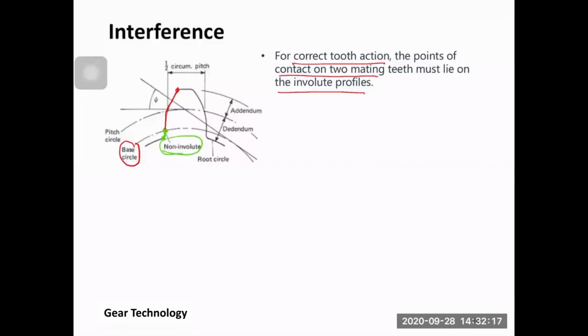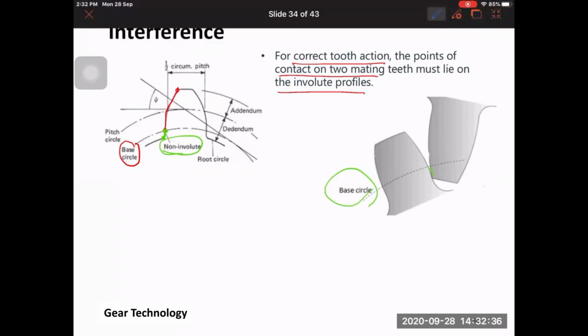So when the mating tooth touches the other tooth underneath this base circle, this part on the right hand side is involute, but the part here on the left hand side is non-involute because it is underneath. So this portion between here and here is non-involute. Okay, and this portion here is involute.